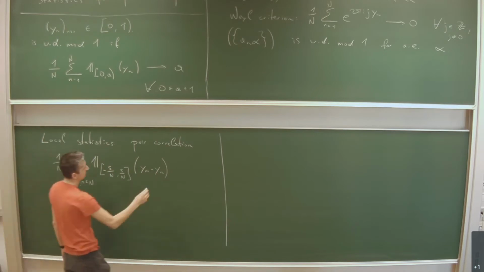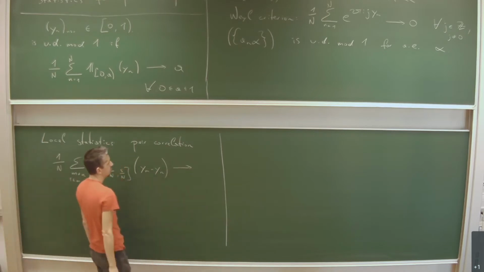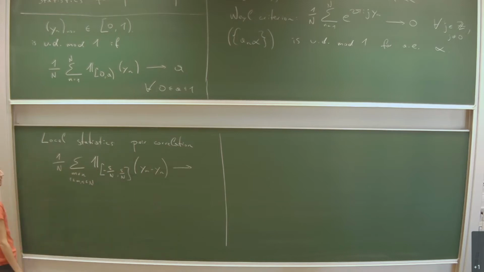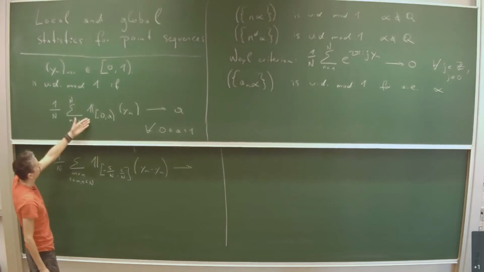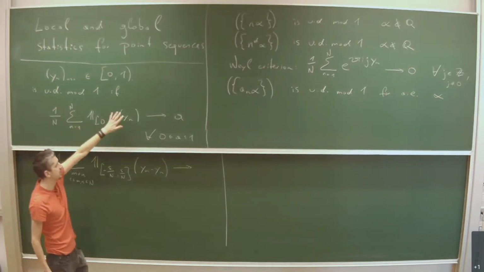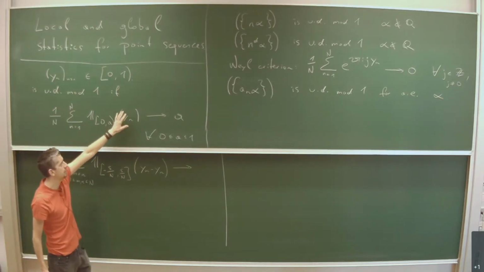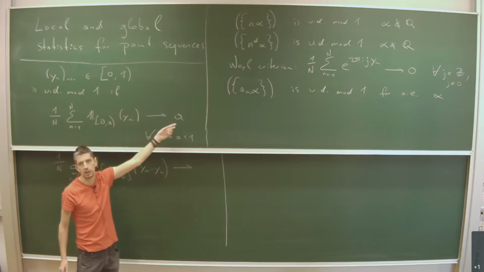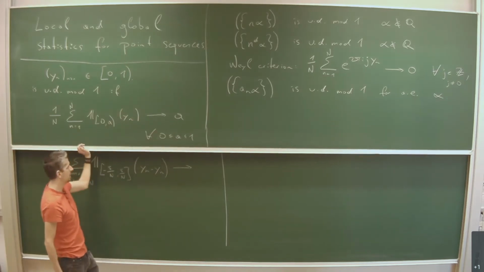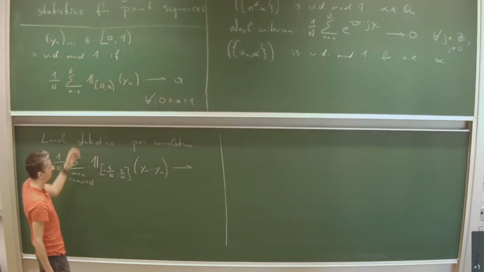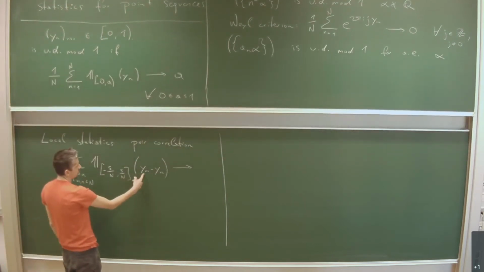And then you ask if this converges to the expected value in some sense. So here, obviously, if you believe that this should show some sort of random behavior, then of course this should converge to the length of the interval. Here random behavior would be, well, this one you can choose.